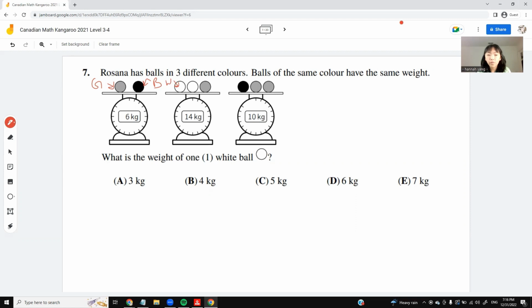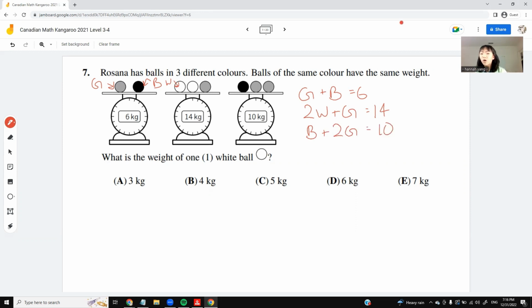So we can convert the first scenario into G, a gray ball, plus a black ball equals 6 kilograms. 2 white balls plus a gray ball equals 14 kilograms. And finally, 1 black ball plus 2 gray balls equals 10 kilograms.